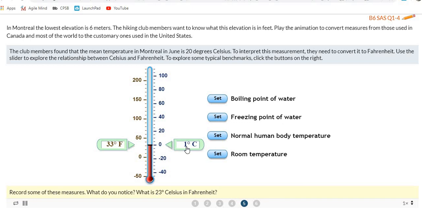Now what do they want me to look at? 1 degree Fahrenheit. So I'm going to grab Fahrenheit and look at a 1. Passed it up. Oh my goodness. There. 1 degree Fahrenheit is negative 17 degrees Celsius.